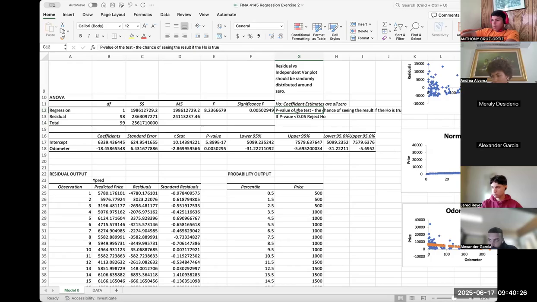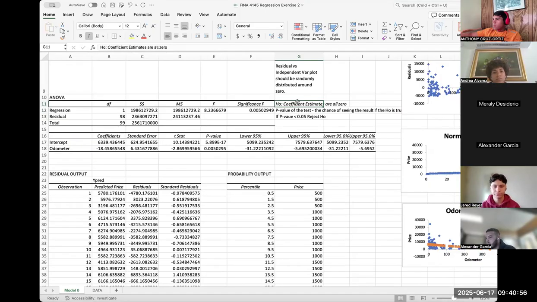So then we did this test and we're seeing what the test is going to tell us: what's the chance of seeing the result we got if the null is true. But the chance of seeing the result we got is smaller than 5%. It's 0.005. So that tells us that we have to reject the null hypothesis.